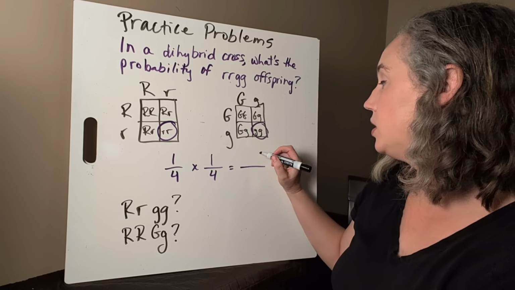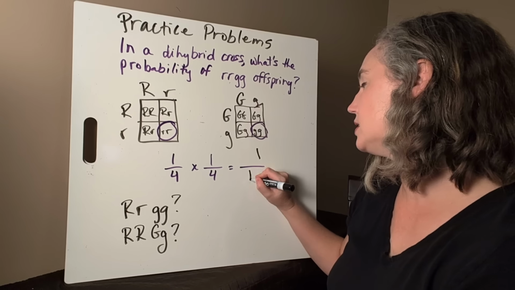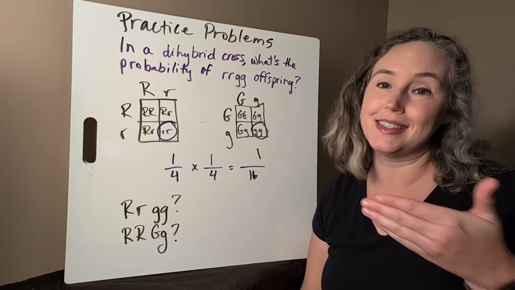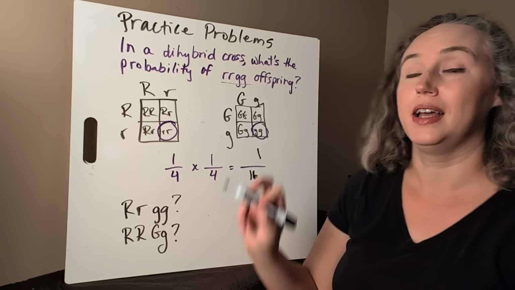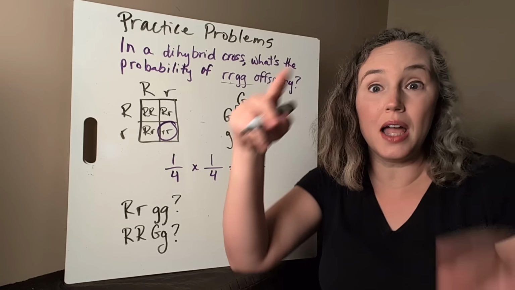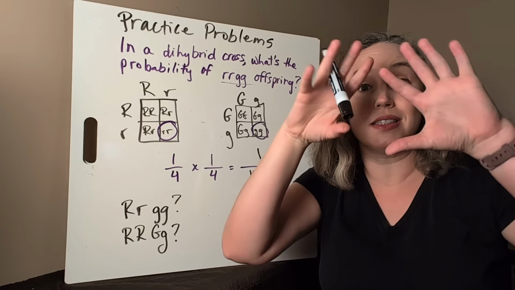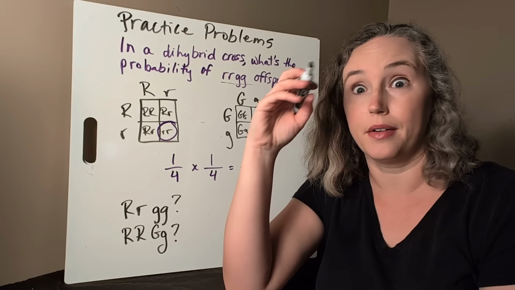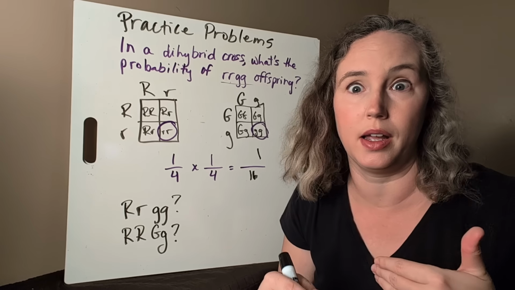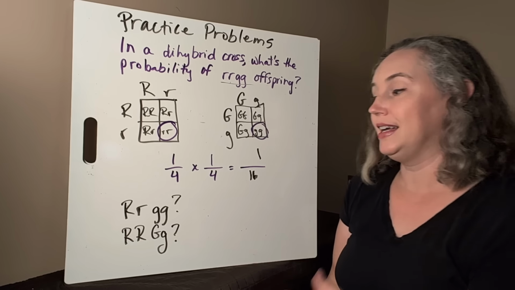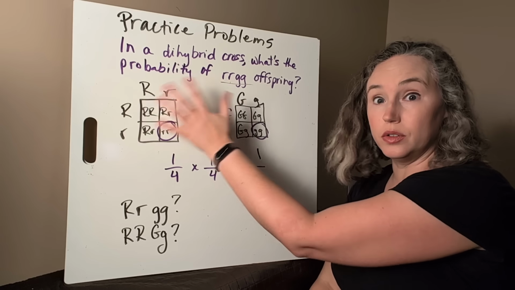And then 1 times 1 is 1, 4 times 4 is 16. So you have a 1 in 16 chance of being this. Again, that's a lot less time than drawing the giant 16 square dihybrid cross Punnett square, filling everything in and then counting.